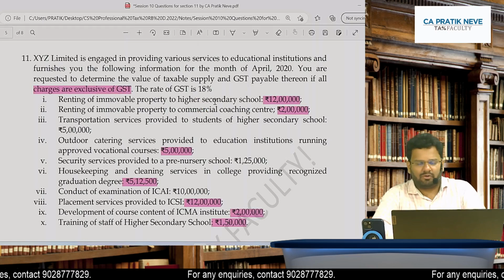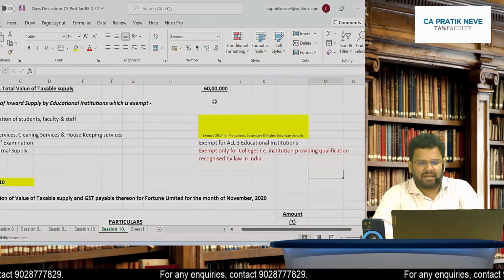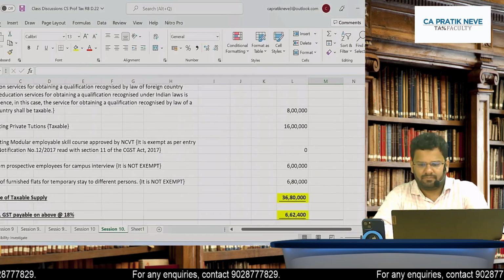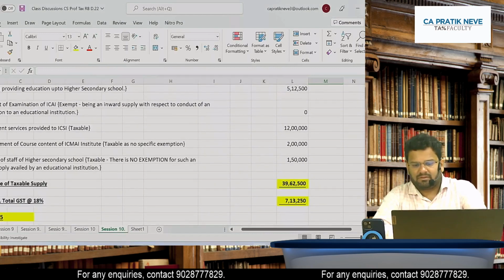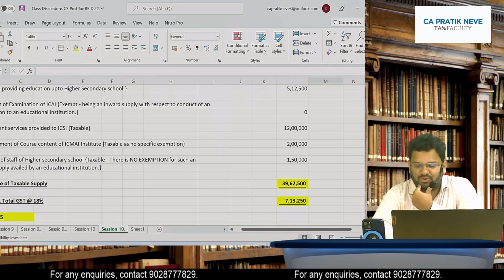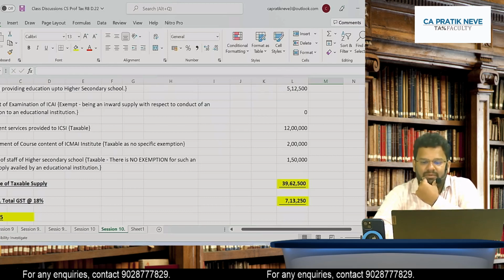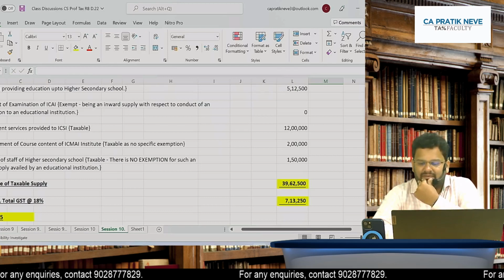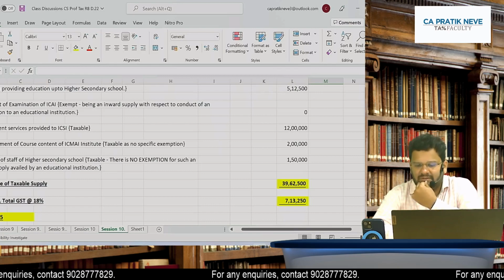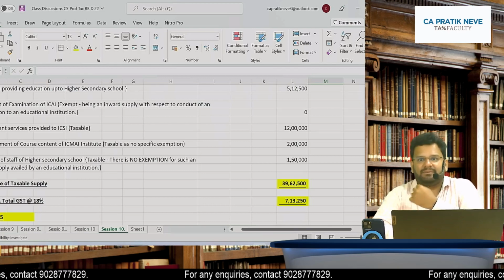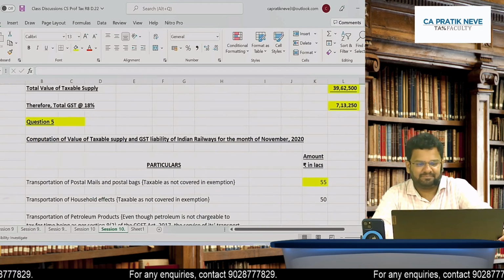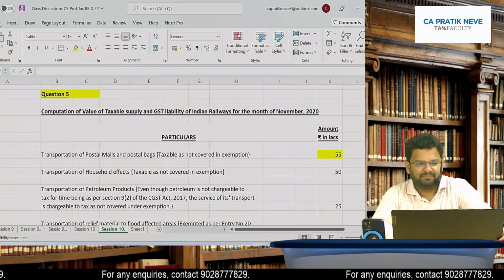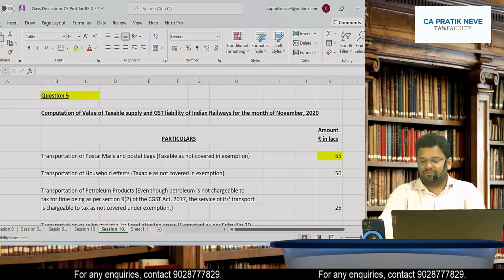That will become value of taxable supply and GST on that at 18%. Yes, it's 39,62,500 and 7,13,250 is the GST element. Is it really clear to all of you?